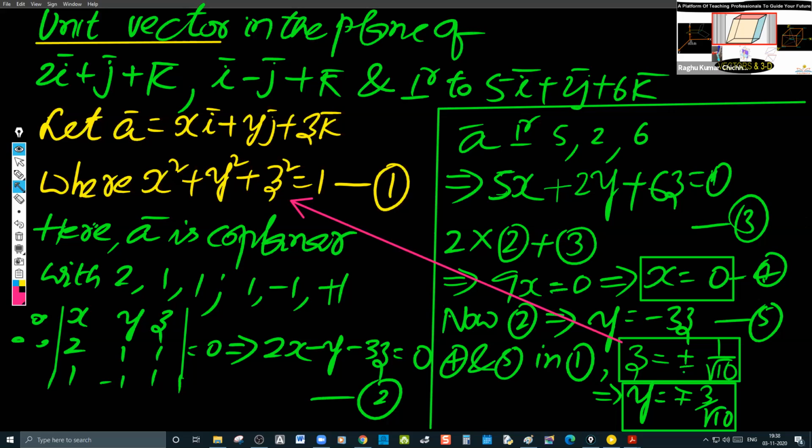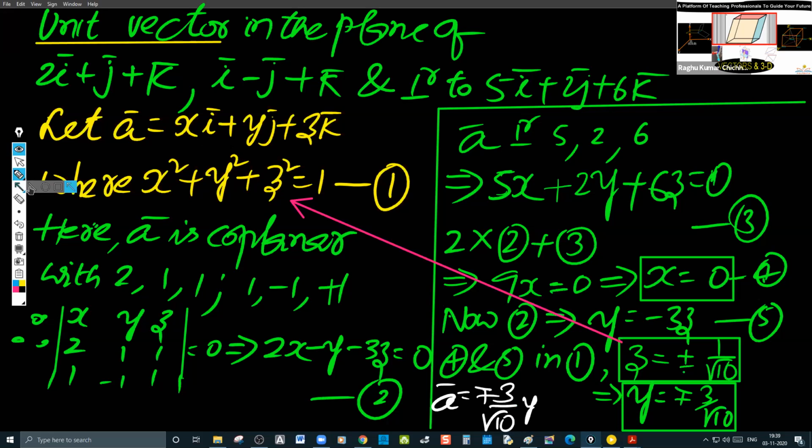So what should your A bar be now? A bar is equal to xi plus yj plus zk. X is 0. For yj, minus or plus 3 by root 10 j, this one we are substituting.